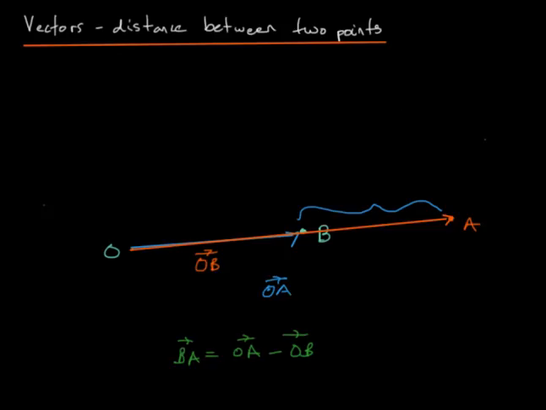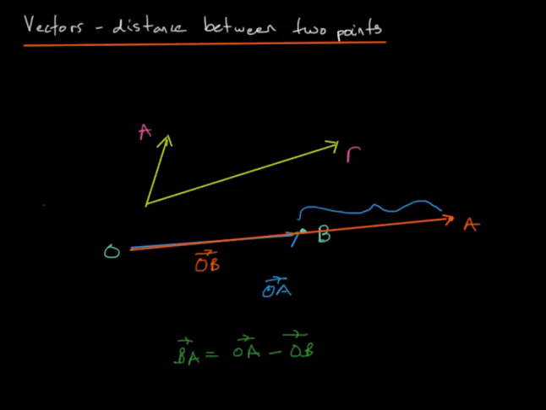Now, that's very intuitive when they're like that, but most of the time the points are not on the same line coming from the origin, but the formula still works. If I have that vector there and this vector over here, and I want to ask about the vector that points from one to the other, so I can then find the magnitude of that third vector, and therefore know the distance between the 2 points, then I've got to subtract them.